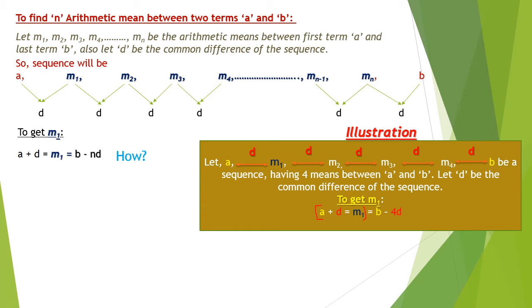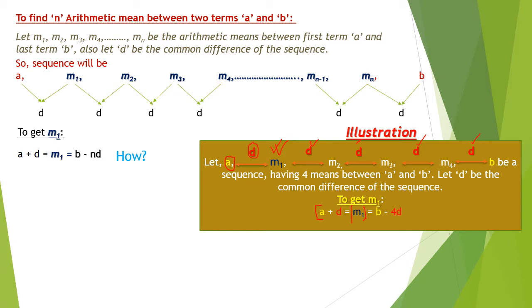Easily you can see, if we add d to a, we get m1. But from the last, you can see how many d must be subtracted. You can see 1, 2, 3, and 4. If we subtract 4 times d from the last term, then we get m1.